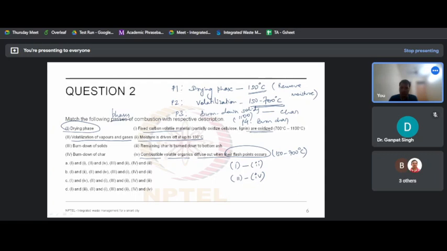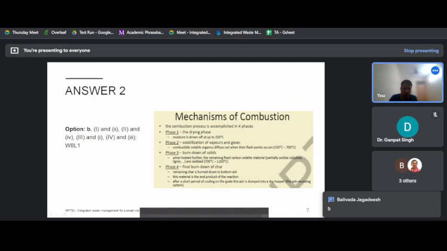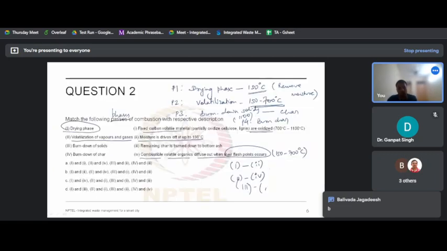So three will go with one, and finally four will go with remaining char.